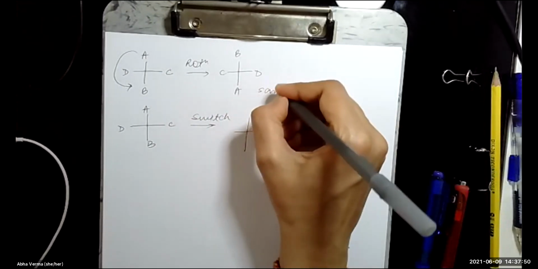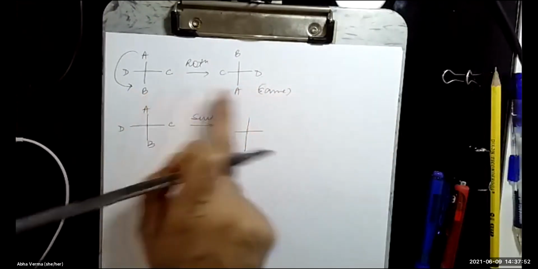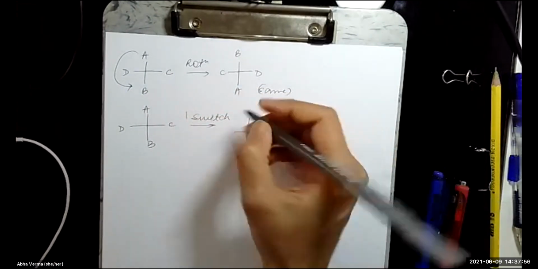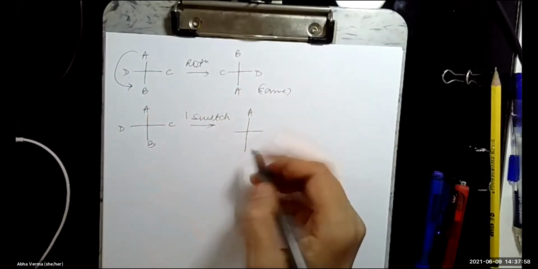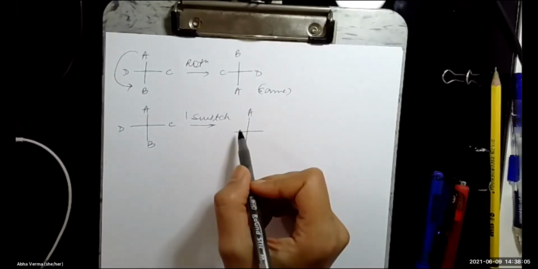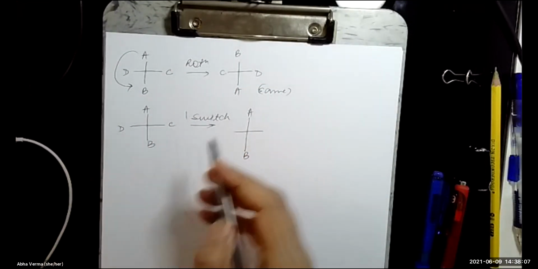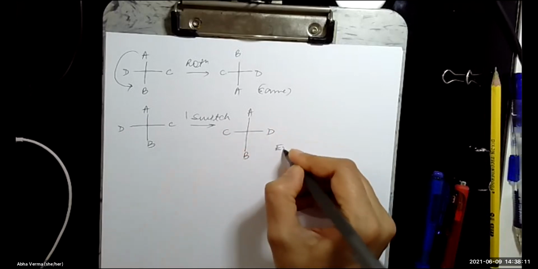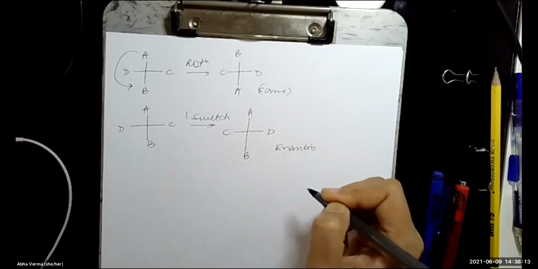So what is the relationship between these two? They are the same structures. With one switch, I keep my A where it is, I keep my B where it is, and I just switch C and D. Now I have created enantiomers.